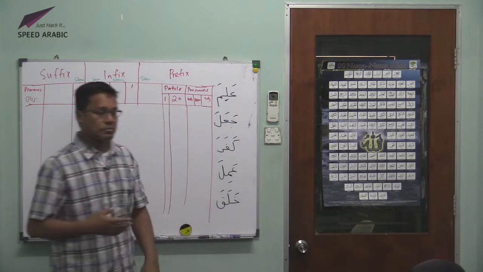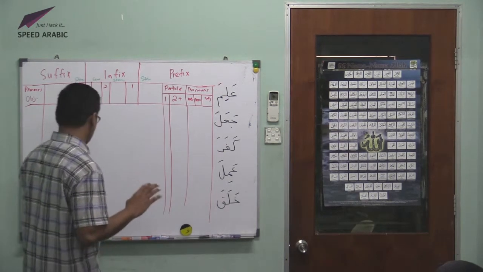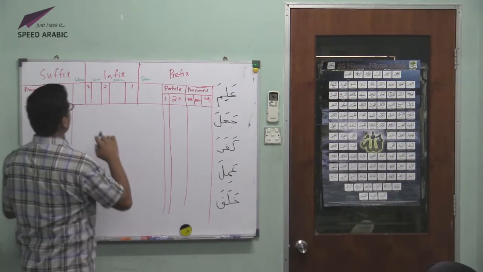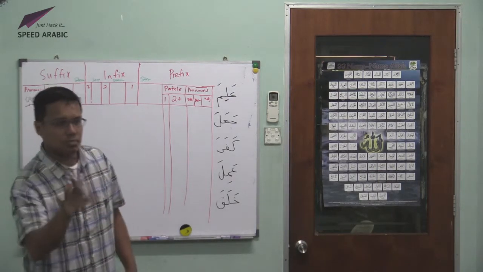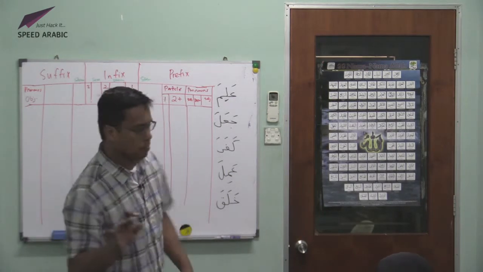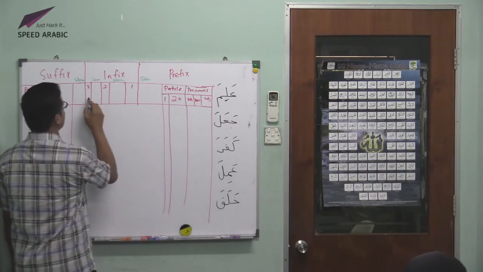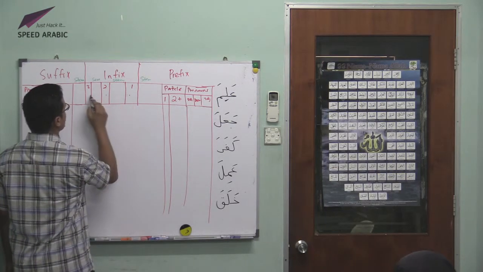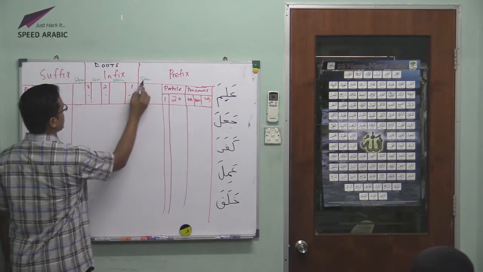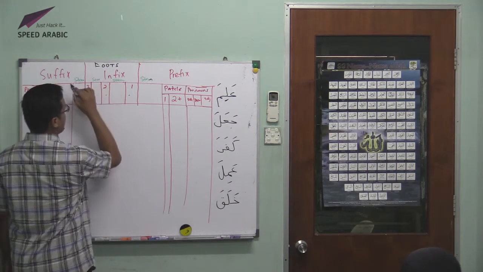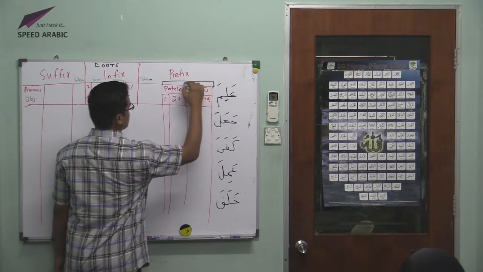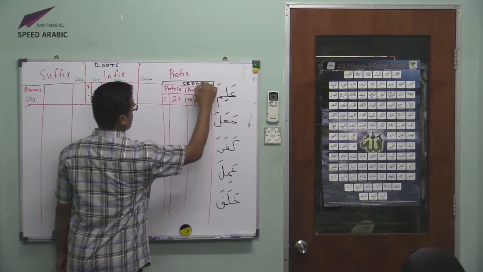Okay, now we go to the noun stems. So these are the word parts. Sorry, before we go, besides dividing words into prefix, infix and suffix, we can also divide words into roots, stems, and seeds.